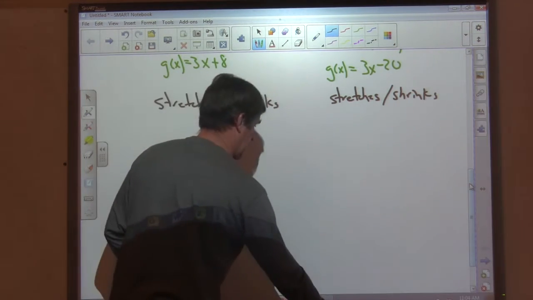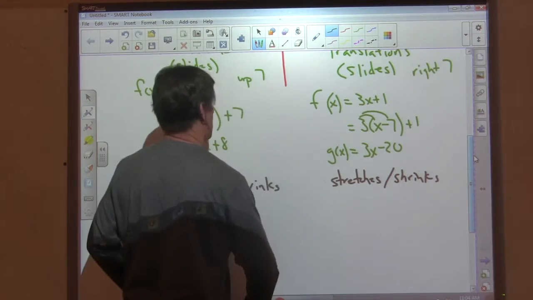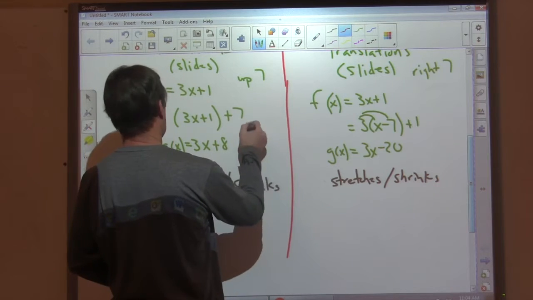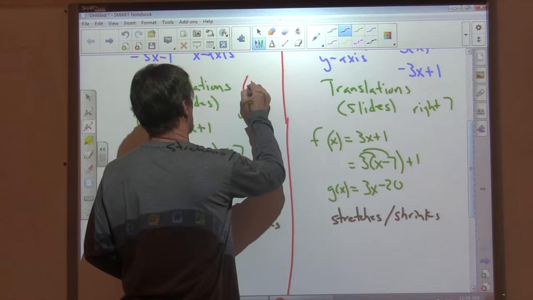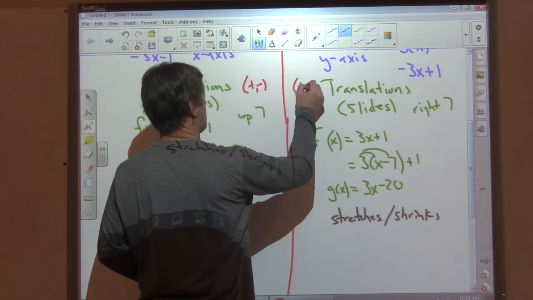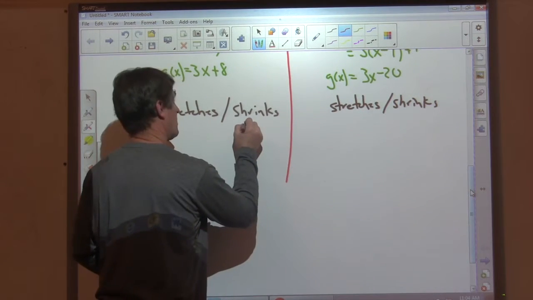So stretches and shrinks, just like up here, translations are always addition or subtraction. Stretches and shrinks are multiplication.